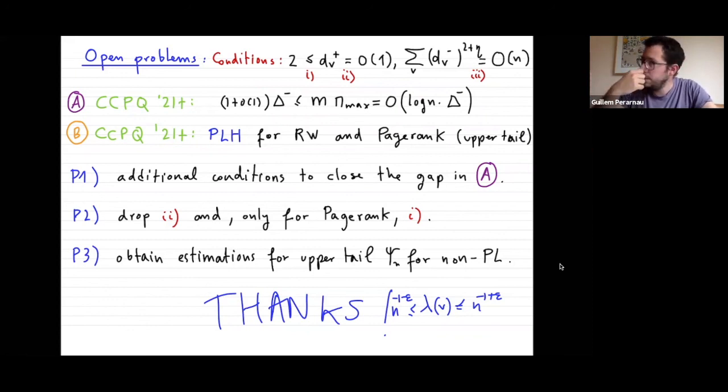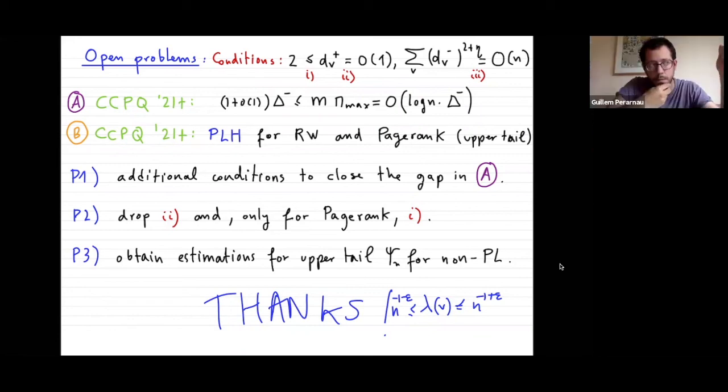Maybe the results are not even true if you have a teleporting distribution that really favors a particular set of vertices. Then this set of vertices can take the role of the pi max, and they can change a lot the upper tail of the stationary distribution. So probably the hypothesis is not even true in this case, because the teleporting distribution has too large an impact. I guess in some sense you want the lambda to be ignoring the geometry anyway. That's its purpose.